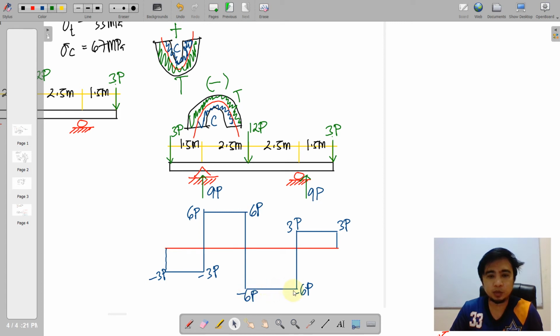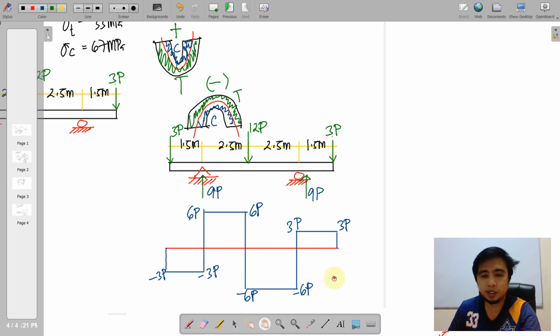No loading, it will stay at negative 6P until 9P here will push it upwards, and it will become 3P, and no loading, and eventually this 3P here will close it to 0.